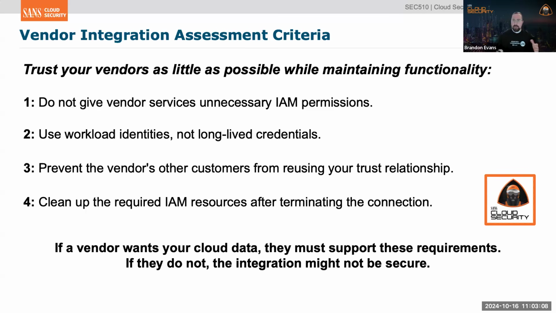But at a very high level, what workload identity allows you to do is instead of giving the vendor, let's say Microsoft Defender for Cloud, a long-lived username and password or an access key ID and secret access key, we're going to create a trust relationship where these two different identity providers can exchange credentials with one another.